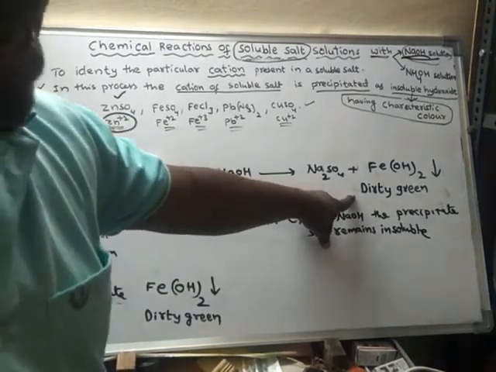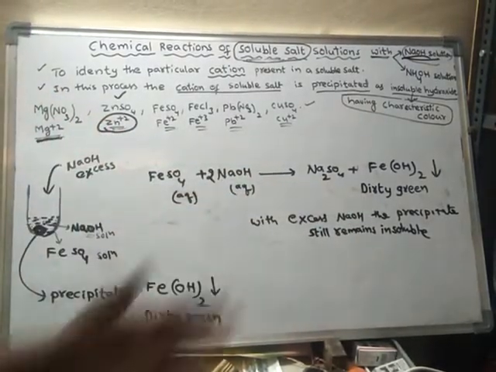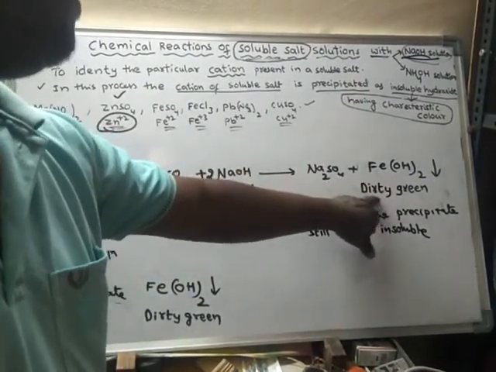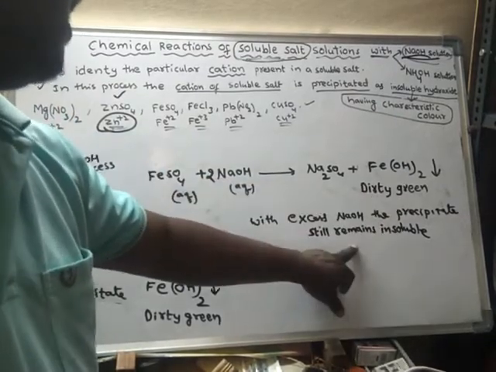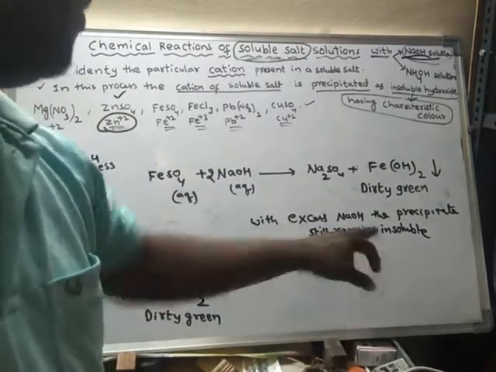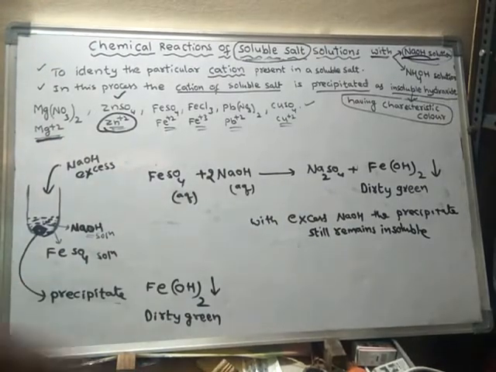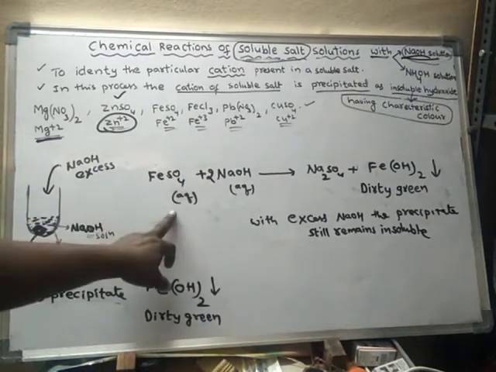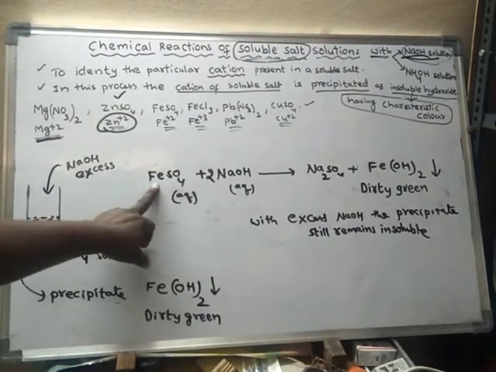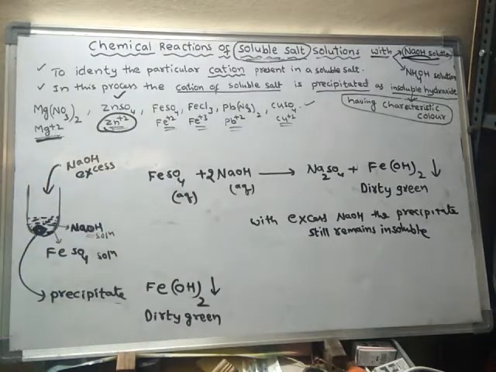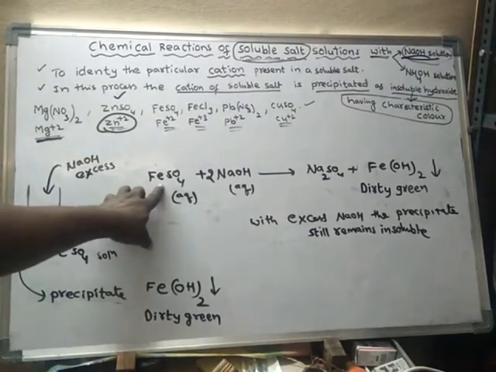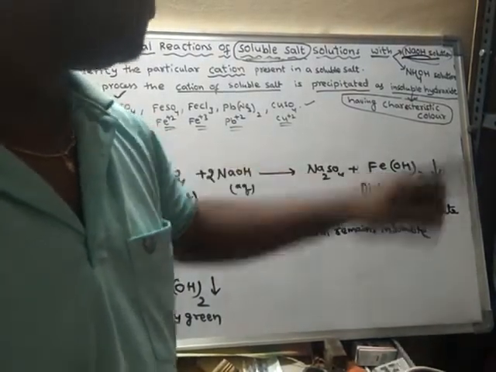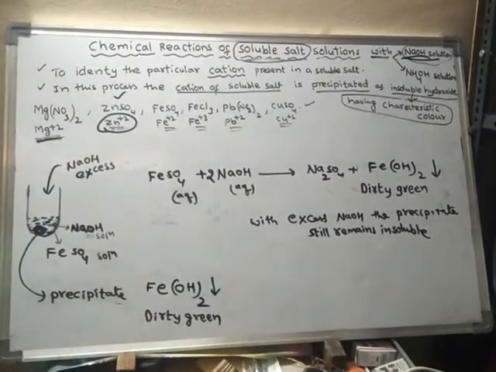If the insoluble hydroxide formed is dirty green, and it is not able to dissolve in an excess amount of NaOH, then we can easily conclude that the taken salt contains Fe2+ ions. When Fe2+ ions are present in the salt, it converts into dirty green ferrous hydroxide, and this ferrous hydroxide is insoluble.